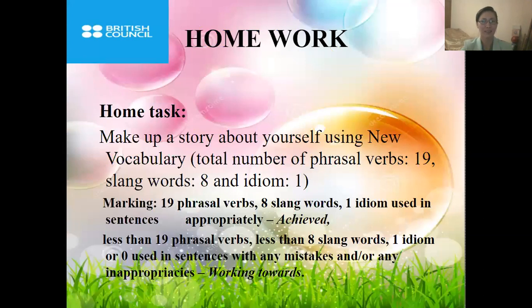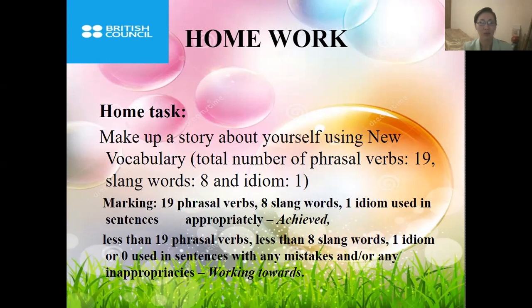Any questions you have? If you do, please email me, all right? And your homework is to make up a story about yourself using the new vocabulary, total number of phrasal verbs 19, slang words 8, and idiom 1. Okay?